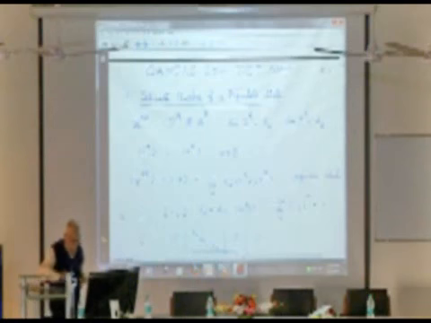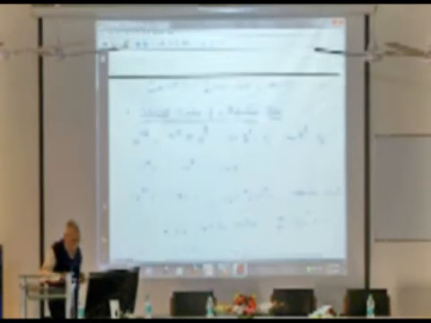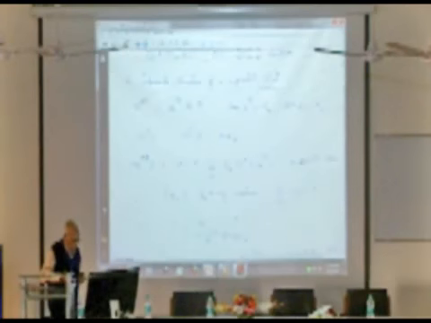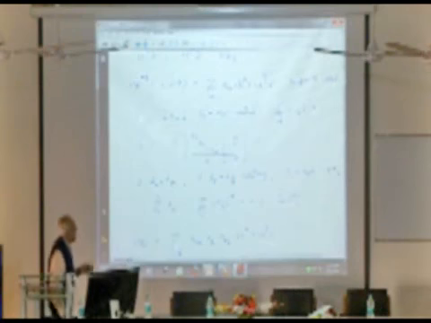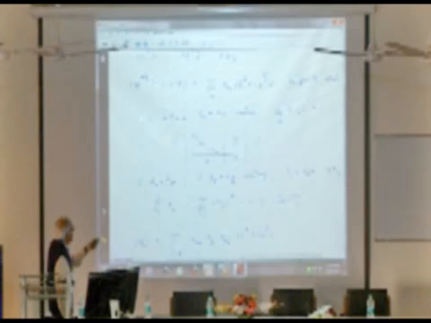Then you make use of what is called the singular value decomposition of the matrix C. You can express the matrix C as a product: a unitary matrix of order dA, a diagonal matrix where you have positive values lambda 1, lambda 2, up to lambda r, and the rest are zeros, and a unitary matrix of order dB.